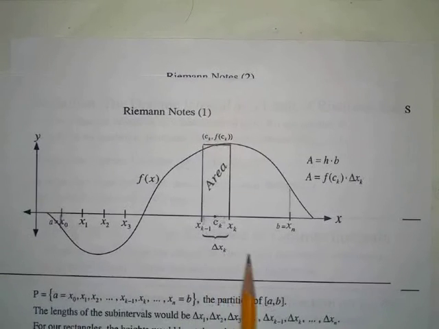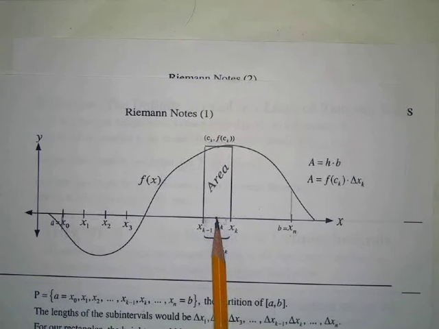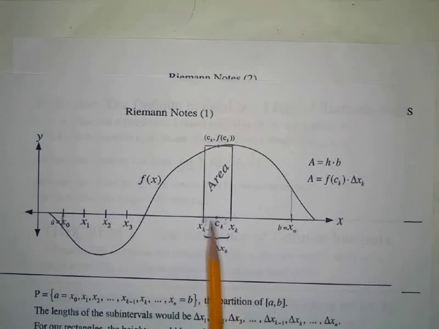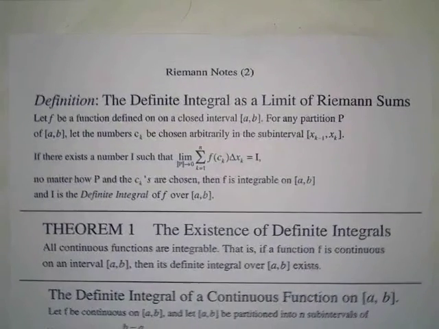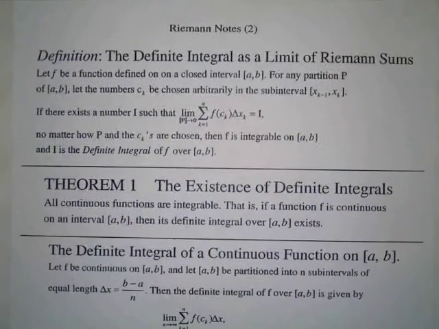And as this approaches 0, the number of rectangles approaches infinity. I hope that makes sense. In other words, as I make these smaller and smaller, I'm going to get more and more rectangles, which is going to give me pretty much the exact area under that curve.